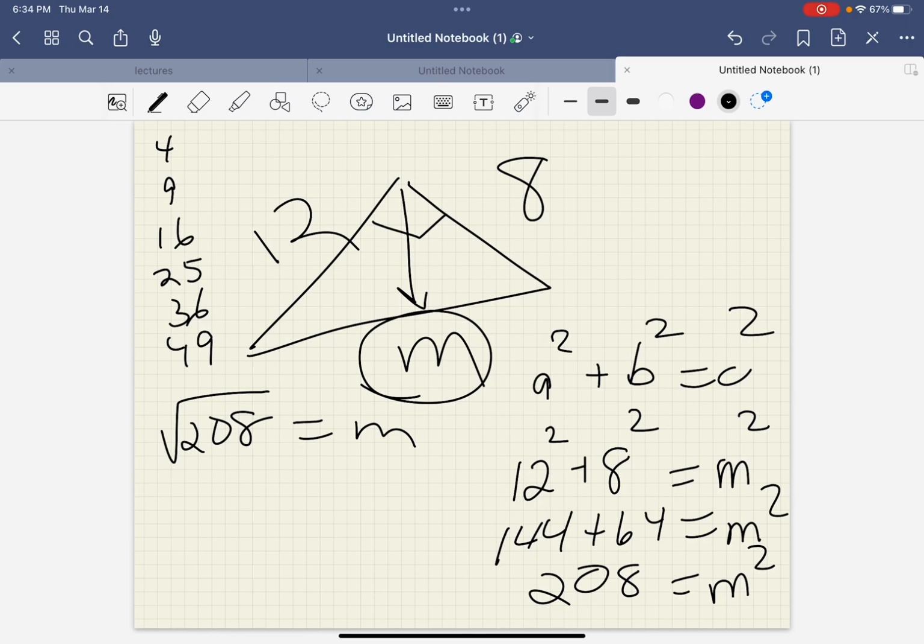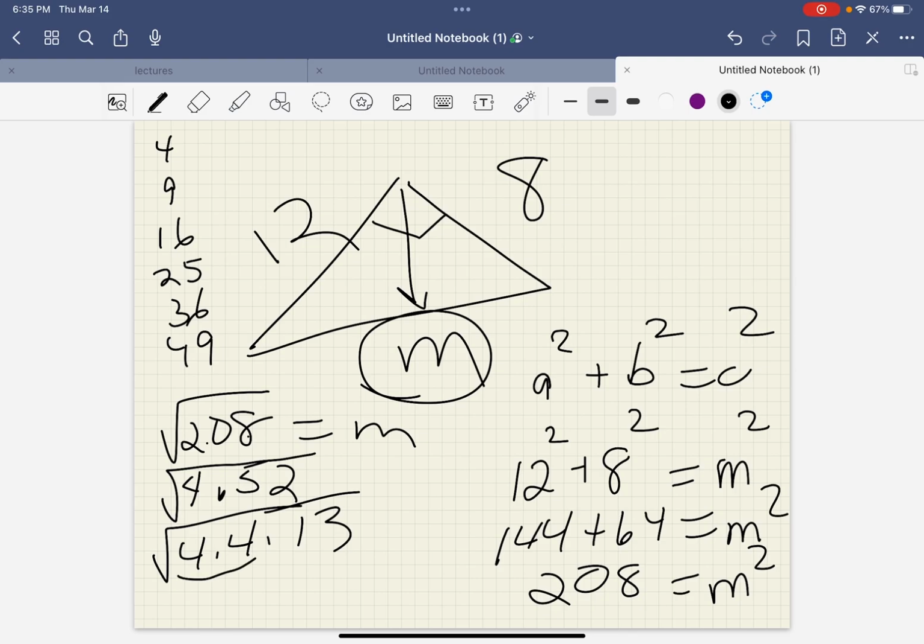That's probably enough. 4 goes in there for sure. 4 goes in here 52 times, right? But 52 breaks down also into 4 times 13. So it's 4 times 4 times 13. So actually, these two 4s come out as one 4.